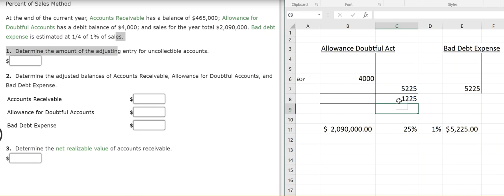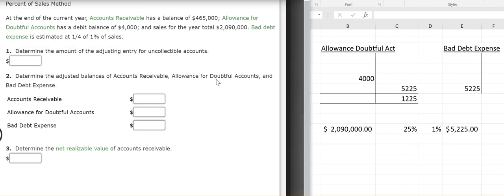So let's see if I already have some of the answers. It says determine the amount of the adjusting entry for uncollectible accounts. Yes, I believe the amount is 5,225, which again is the amount that I take sales times 0.25 or 1/4 times 1%. It gave me 5,225.